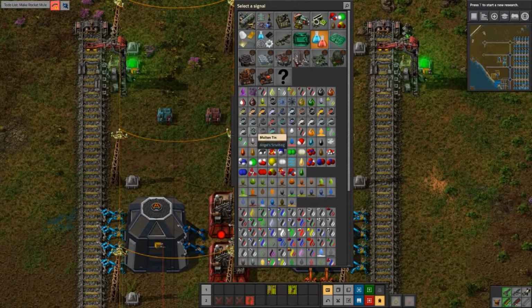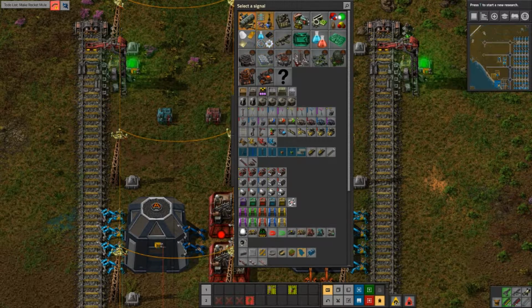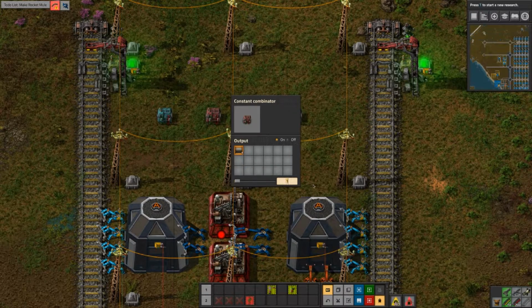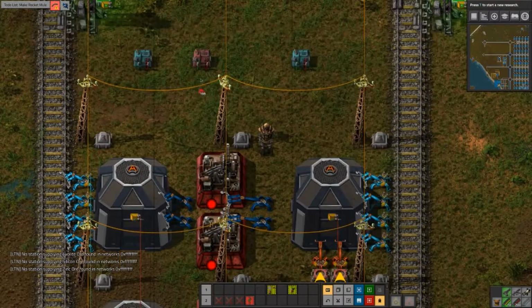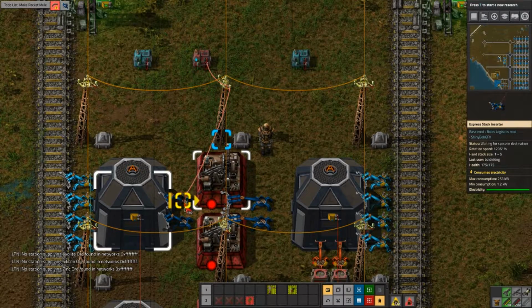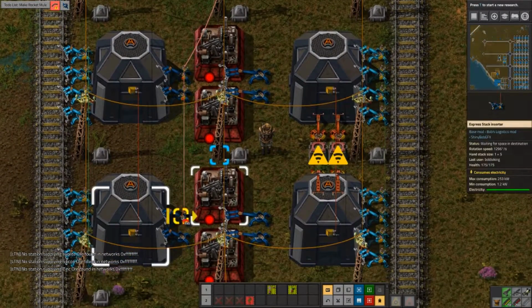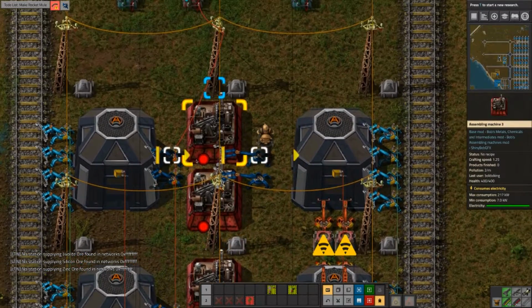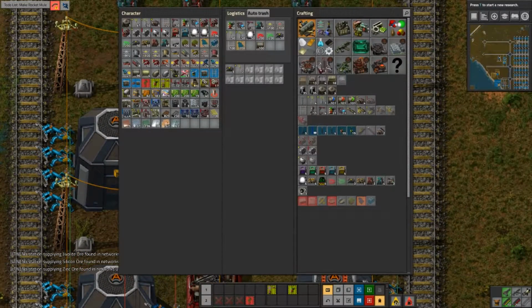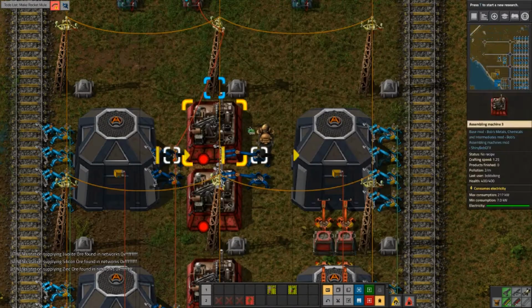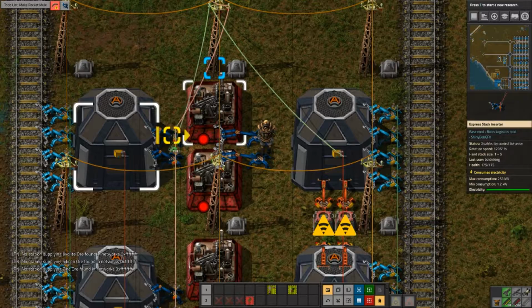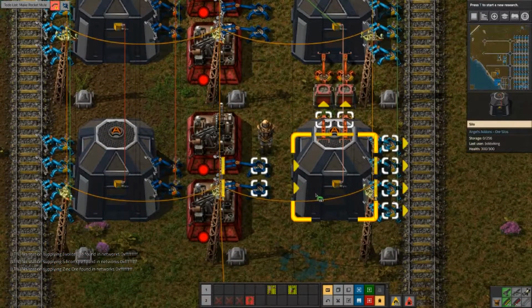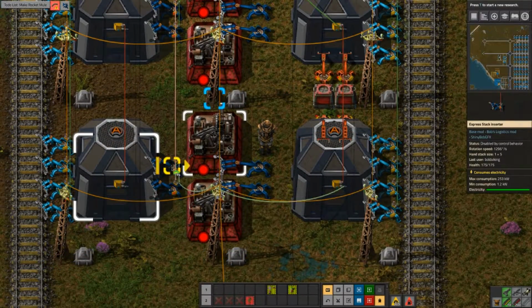Now, for example, output. Say we're making pipes, and we would like to say make up to minus 2000 pipes. So you would have a combination like this, and a combination like this.